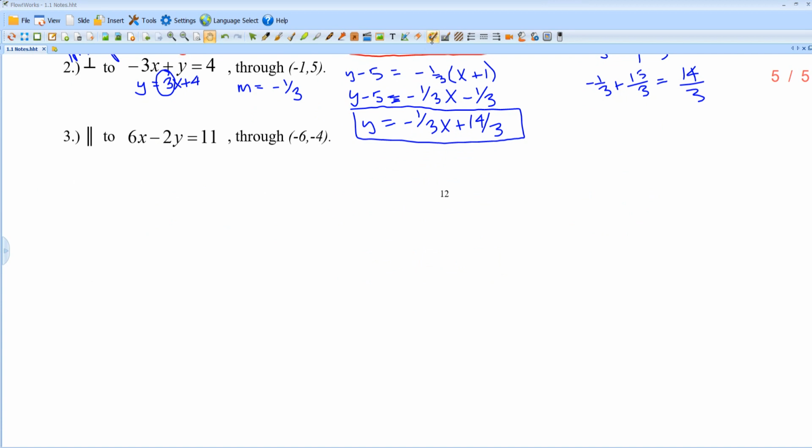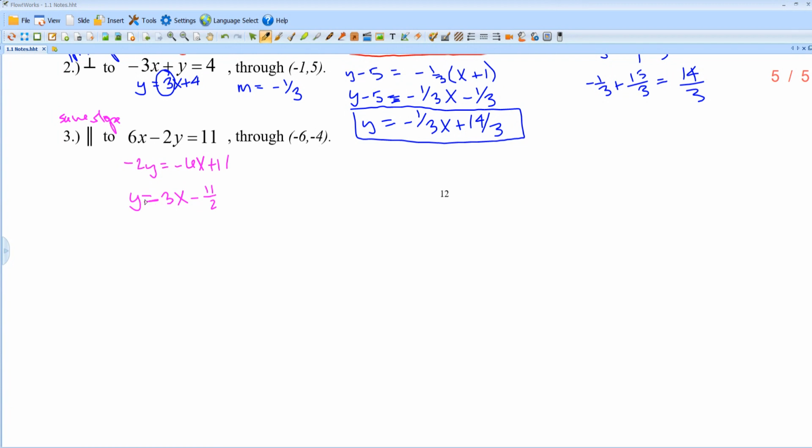All right, and then last, we want something that's parallel. So we want the same slope. And it's parallel to 6x minus 2y equals 11. I've got to solve this first. So negative 2y equals negative 6x plus 11. Divide by negative 2. y equals 3x minus, I don't know, 11 halves. We don't really care what this is.